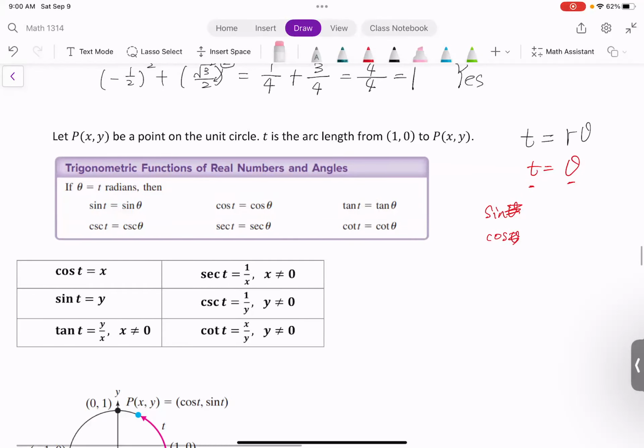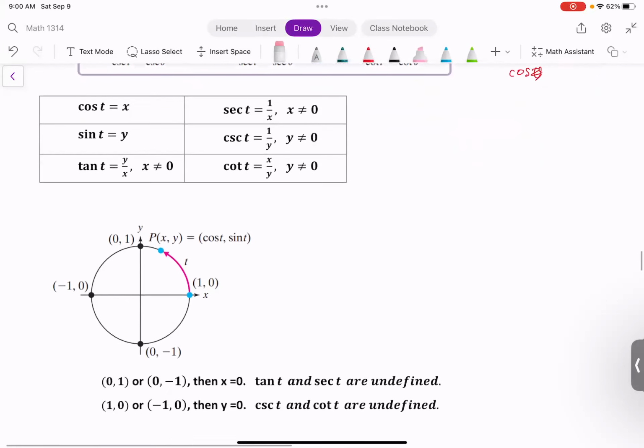All right, let's see the next part. If I have a point on the unit circle, P equals the point x comma y. So if I have my angle theta equals T, what is sine T?